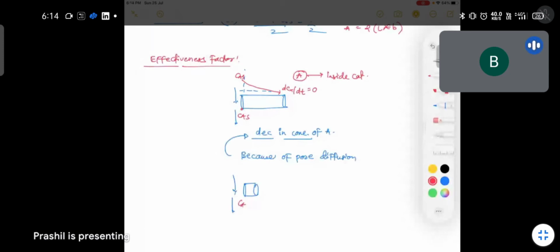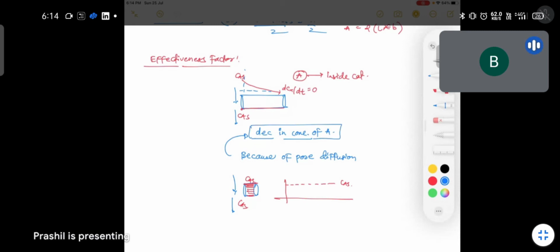So everywhere CAS will be there because the size of pore is very small. There is no diffusion, everywhere concentration is CAS. So I can say the concentration profile will be CAS throughout. But because of pore diffusion, there is decrease in concentration.